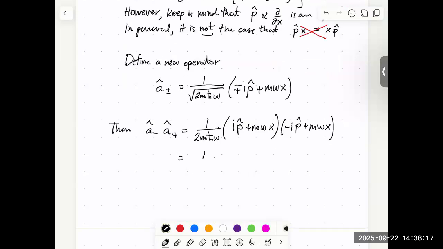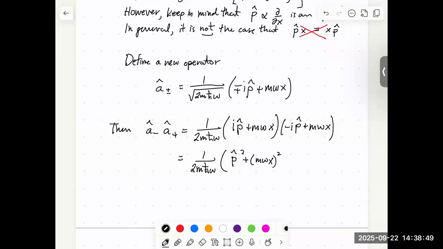Okay, 1 over 2m h bar omega. Well, i times minus i is just plus 1. So we get our p hat squared. That's familiar, so that looks good. Let's do this one next. m omega x times m omega x is obviously just m omega x squared. Oh, that's good. That's also familiar. But now we have our cross terms.